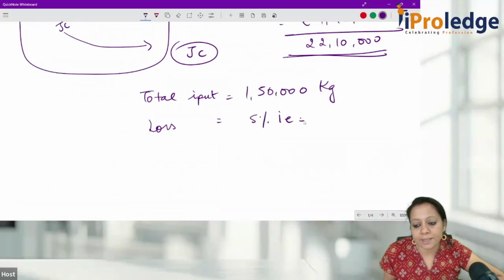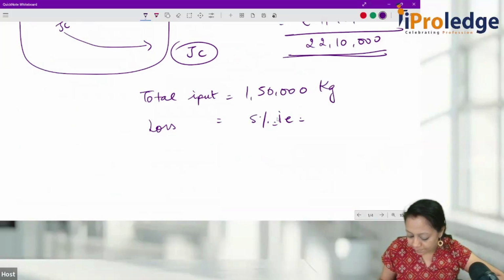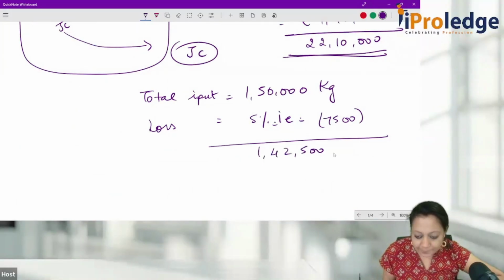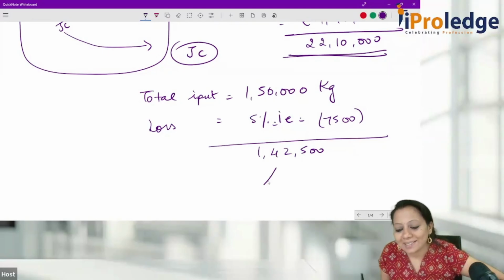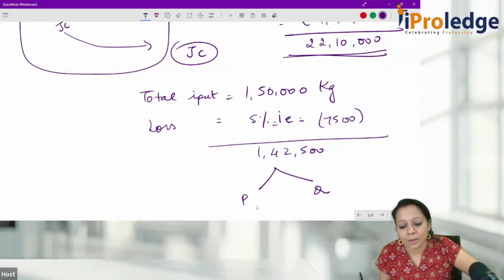That is 5% of 1,50,000 is how much? 7,500. So now balance is how much? 1,42,500. Correct, everyone? Now this has an output as P and Q, which is going to be 1 by 3 and 2 by 3.